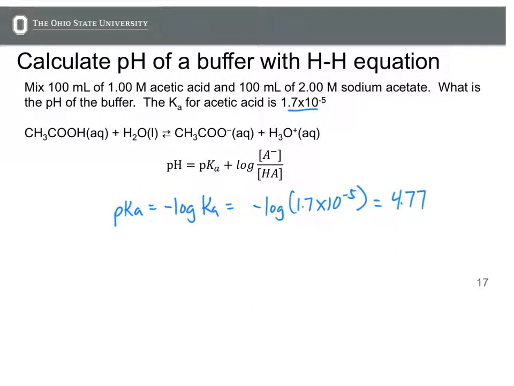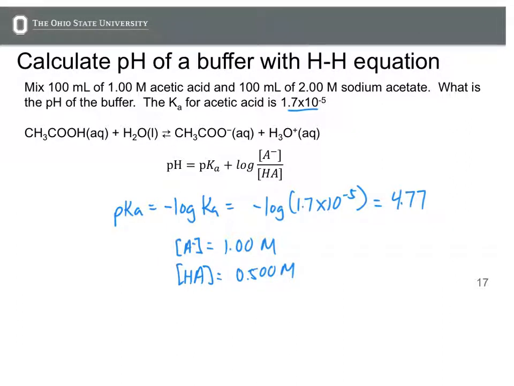And we know from the previous problem, from the dilution equation and the fact that we're mixing these two species together, that the concentration of A- is 1 mole per liter, and the concentration of HA is 0.5 moles per liter.